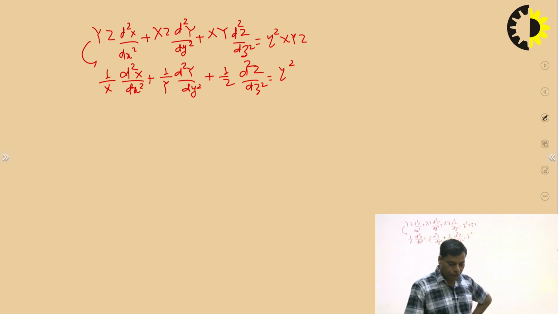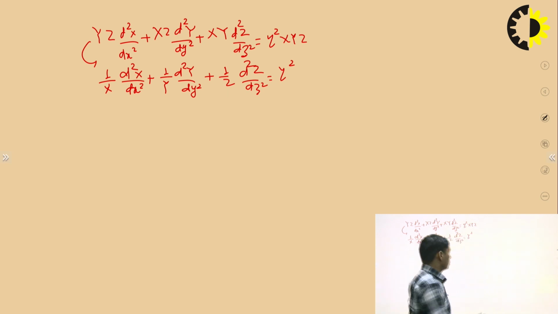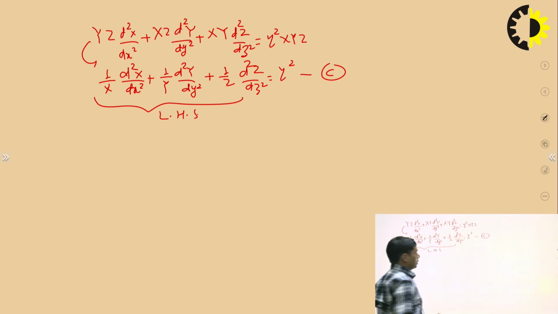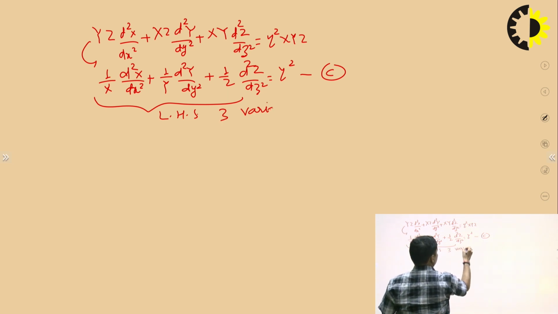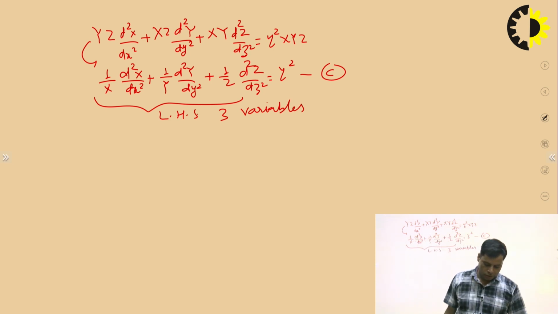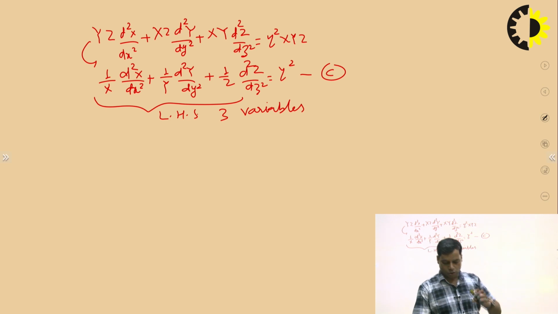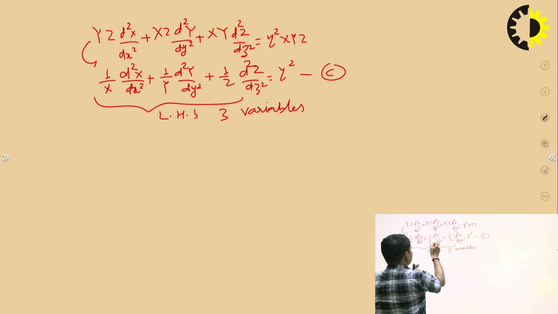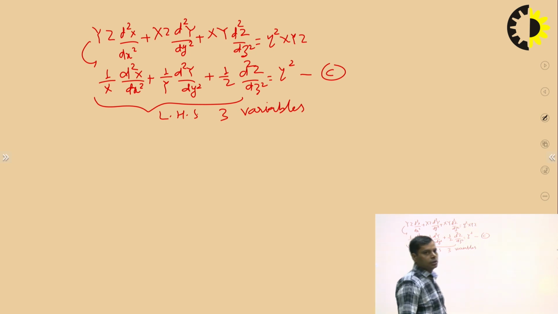Now after that, the left hand side of this, let's say equation number C, has three variables. This is the sum of the three terms: 1 upon x d square x over dx square, 1 upon y d square y over dy square, plus 1 upon z d square z over dz square.